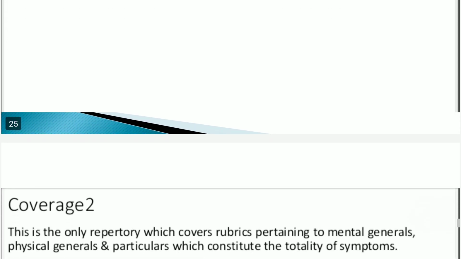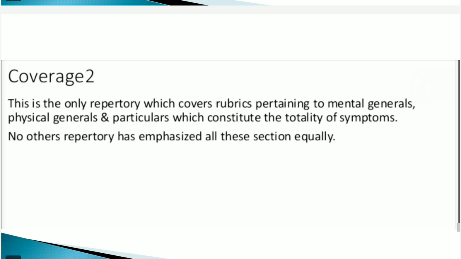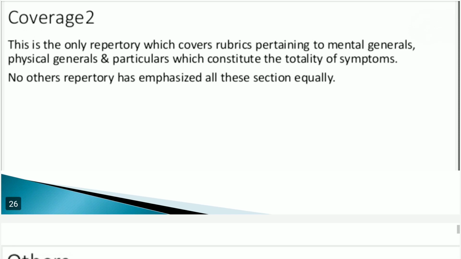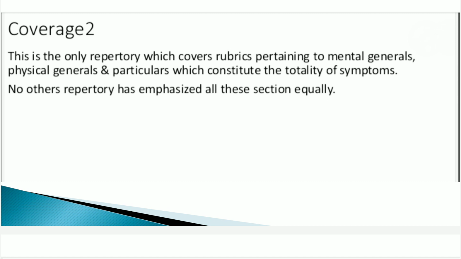First there are changes at the mind level, the inner level, and they are reflected outwardly in the form of symptoms. So it is very important to note down the symptoms of the mind.